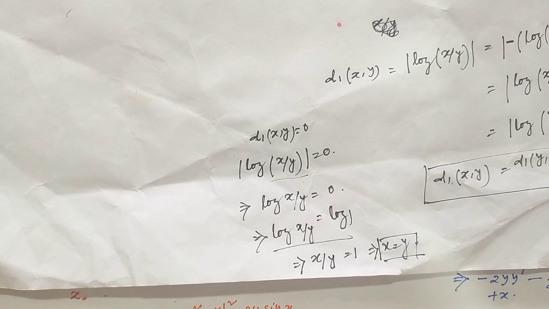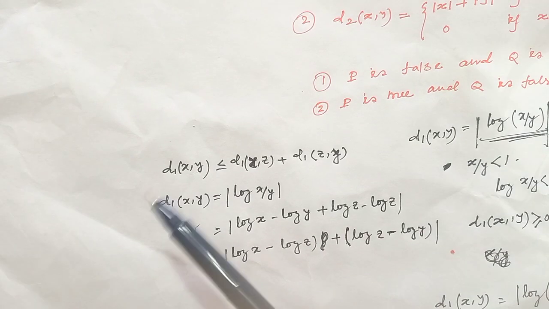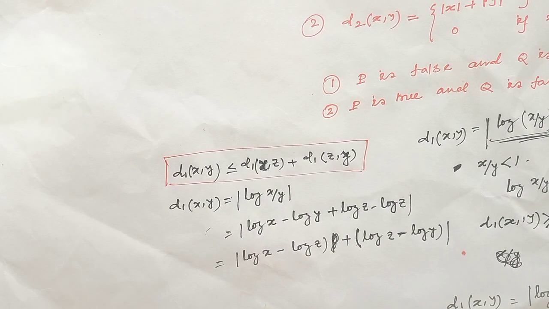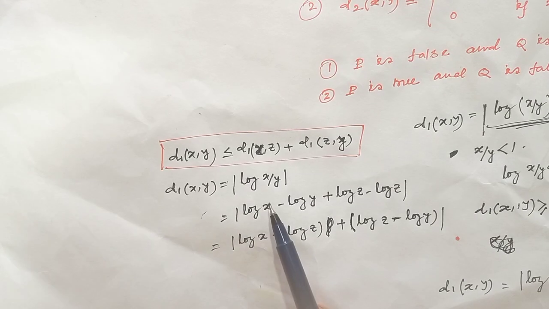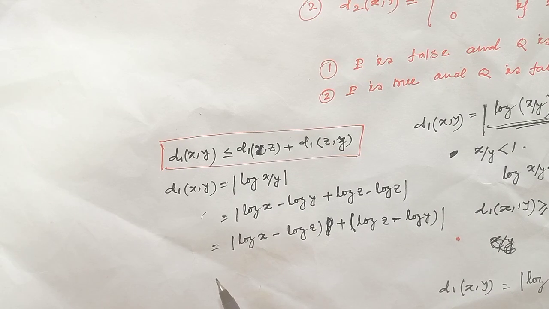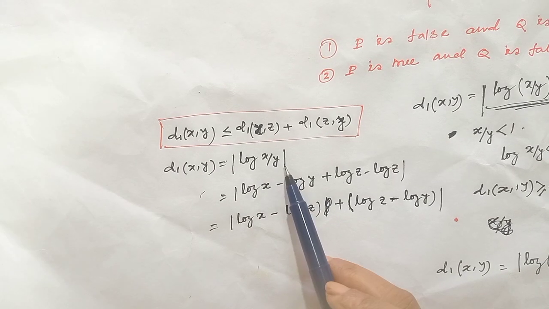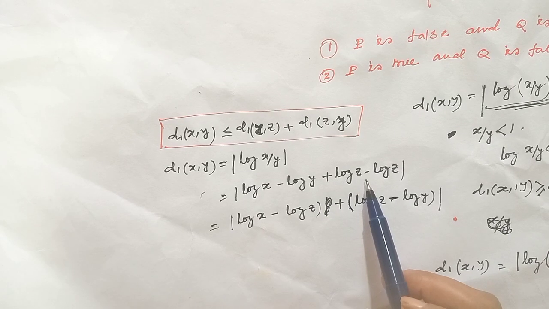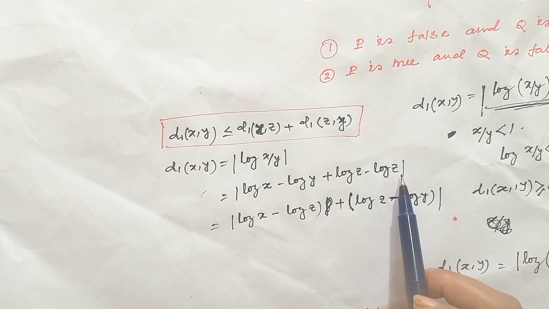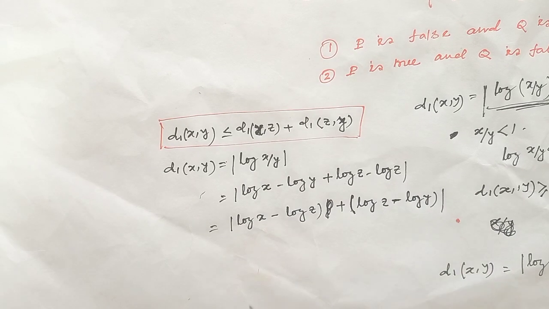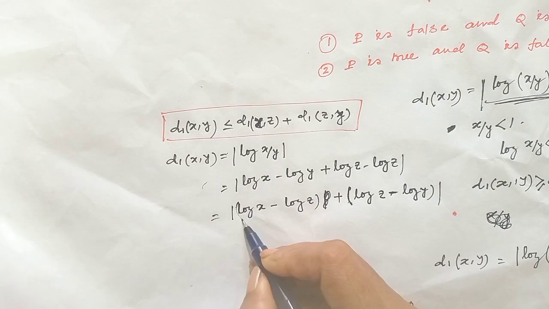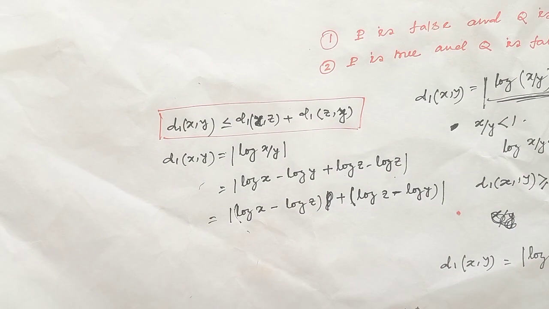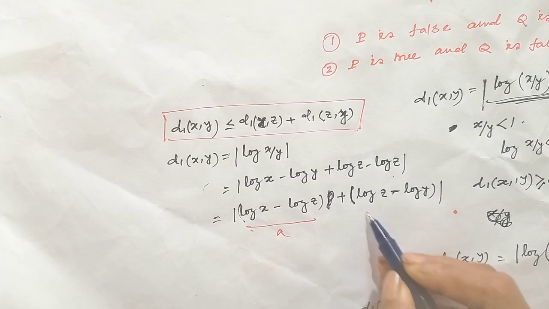For the triangle inequality, we have to prove d1(x,y) ≤ d1(x,z) + d1(z,y). d1(x,y) is obviously |log(x/y)|, and we can write log(x/y) as log x minus log y. We can add log z and also minus log z, and by this expression we can write this as (log x - log z) plus (log z - log y). Consider this part is a and this part is b.